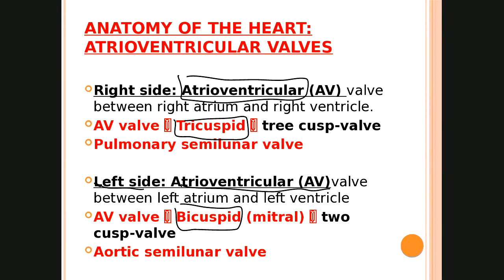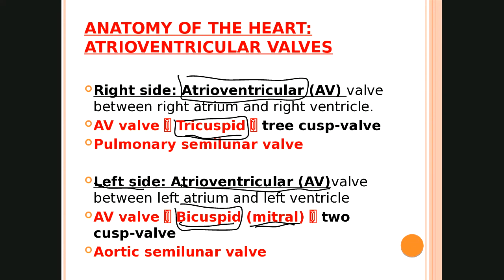Its other name is mitral valve. So you really have to know both names on the left side. This is the left side right here. So on the left side, we have the bicuspid or mitral valve. On the right side is the tricuspid, which just has one name, tricuspid.